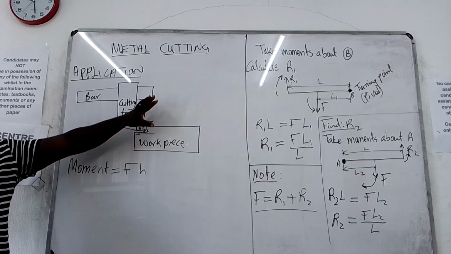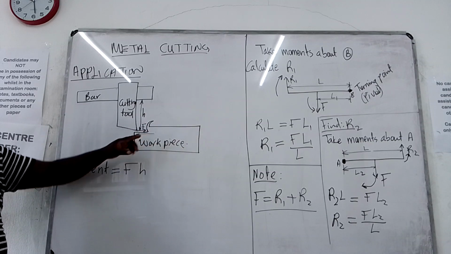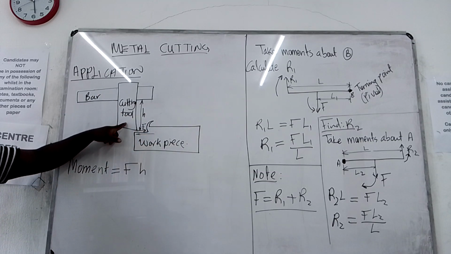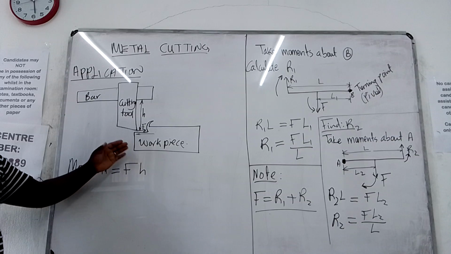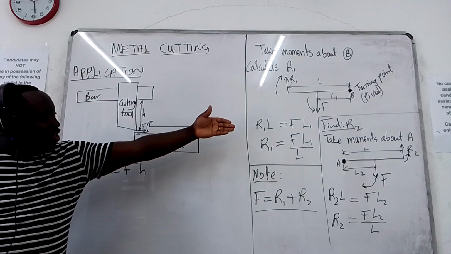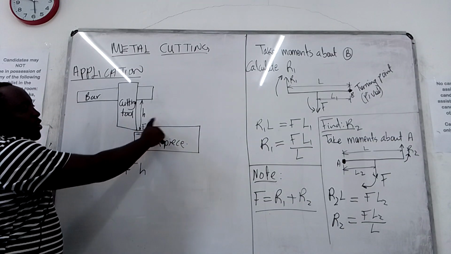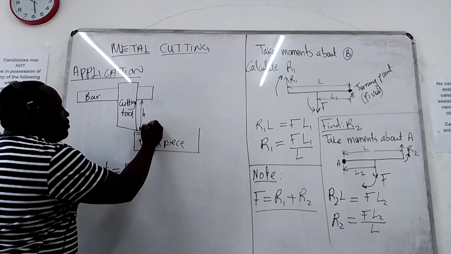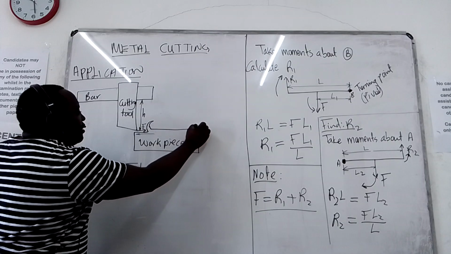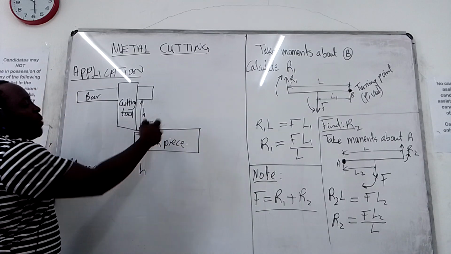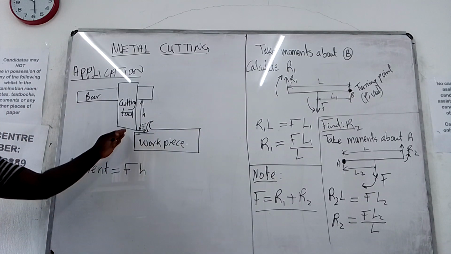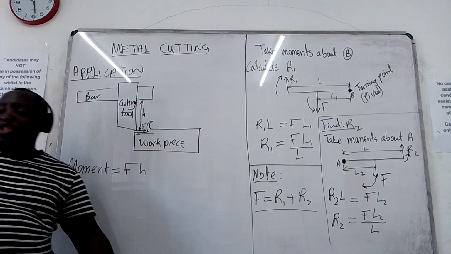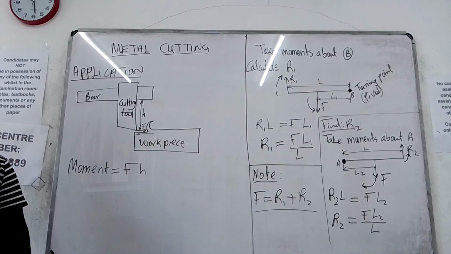So if you see here, this cutting tool is shaped in such a way that once it runs on this, it is removing material. You can see the material is being removed. And it's too thick. The whole of this material on top will be scraped off.